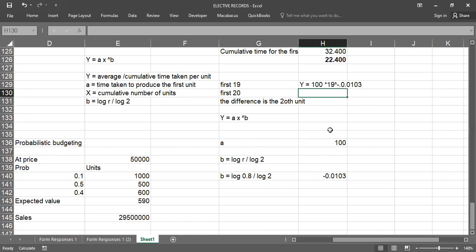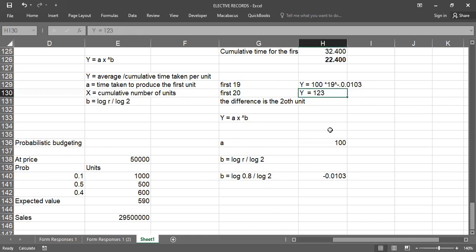So my y will be equal to, assuming you get 123. And that is your y. Now this y is for the 19.